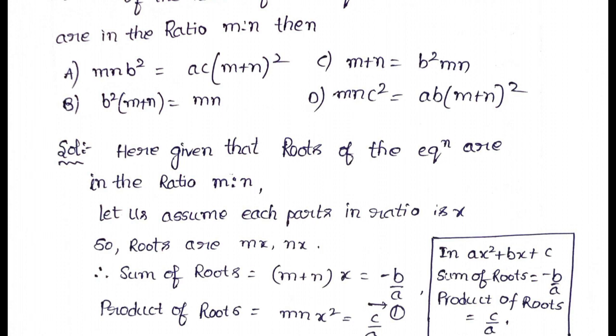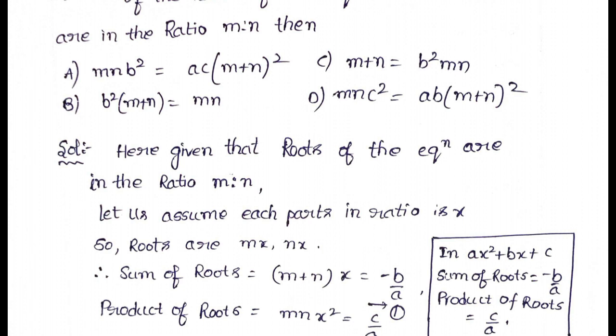Here it is given that the roots of the equation are in the ratio m is to n. Now we can assume each part in the ratio is x. So now the roots will be mx and nx. Now if we take a polynomial ax square plus bx plus c, it's a quadratic polynomial.